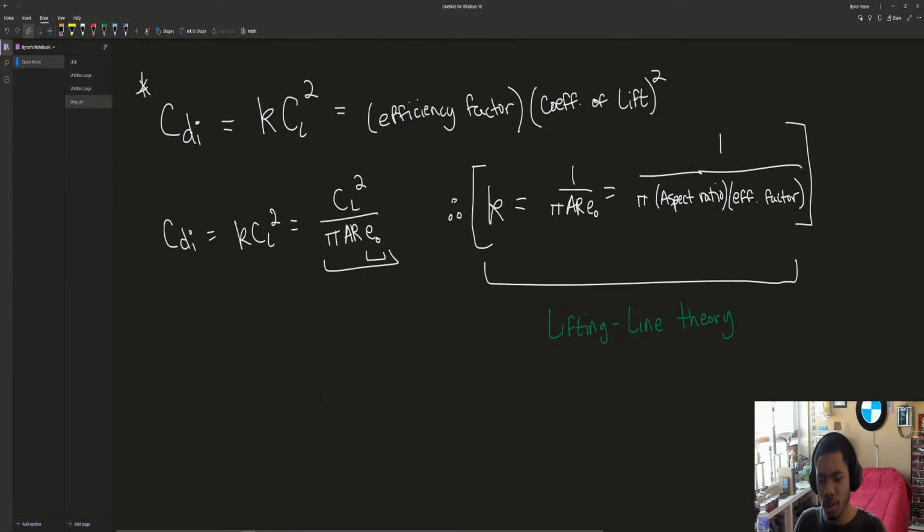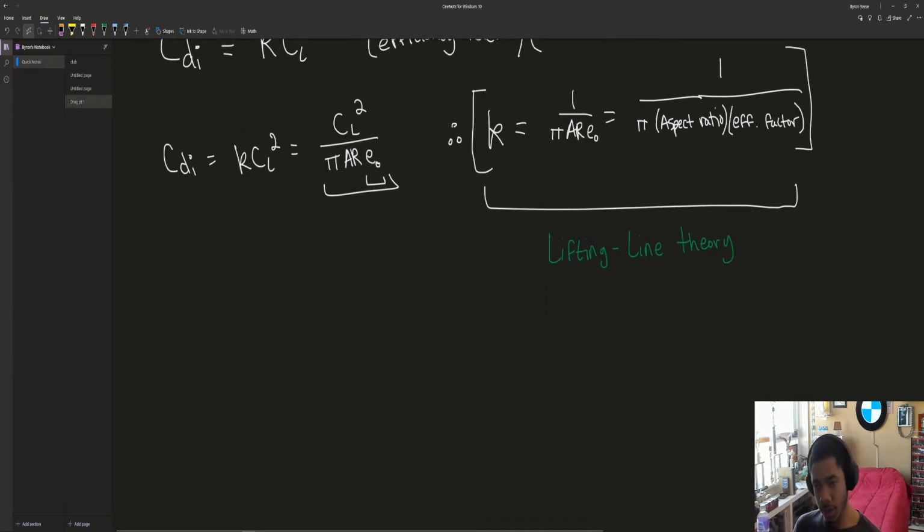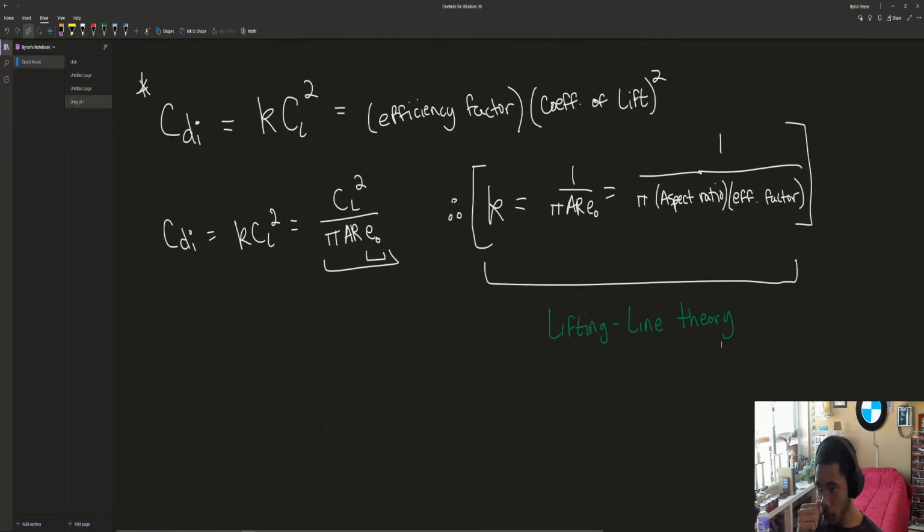There are other theories, such as the panel method. We use these different theories that are all based on certain assumptions in order to calculate our total lift. So this also means that we have some kind of semblance between our drag and our lift, which is really, really nice.